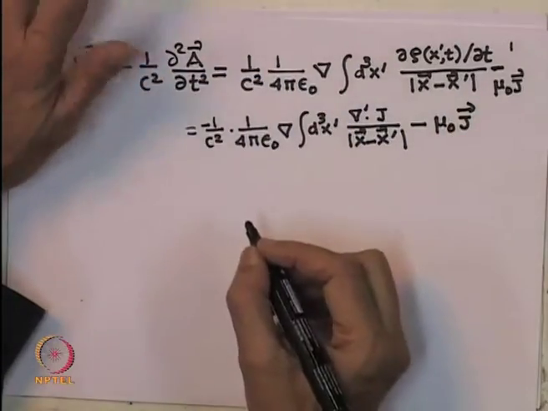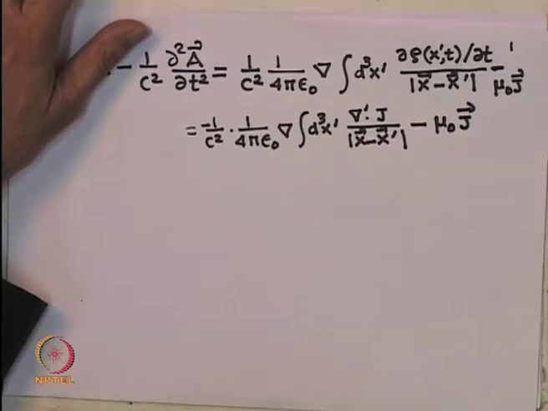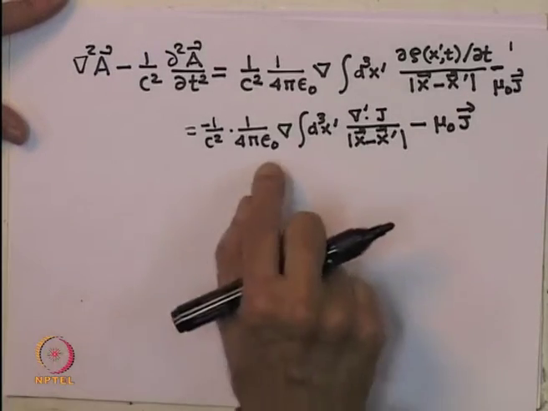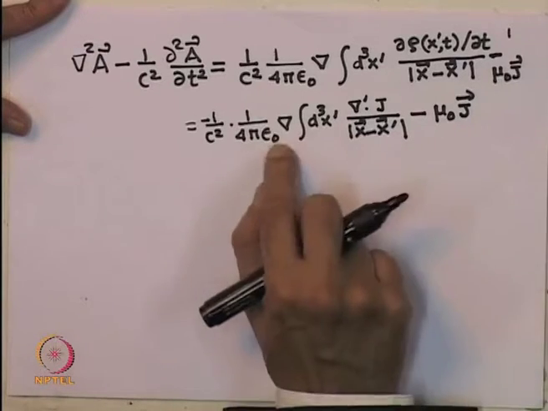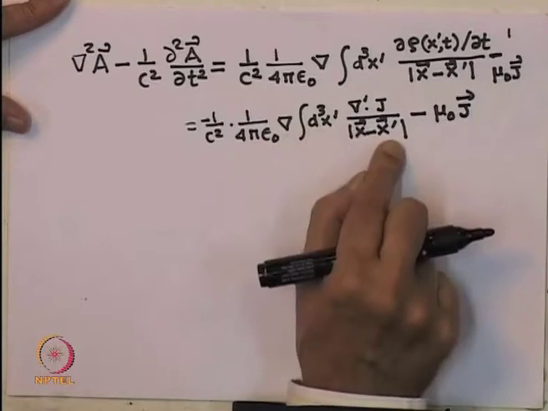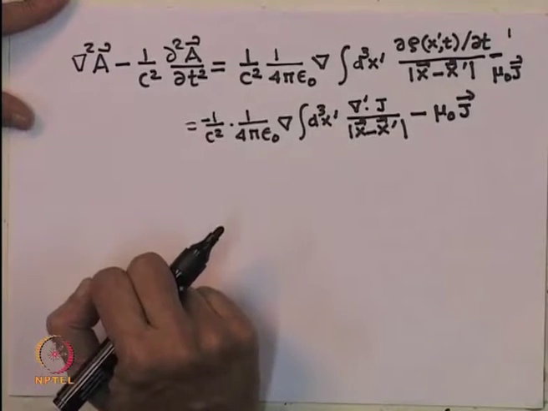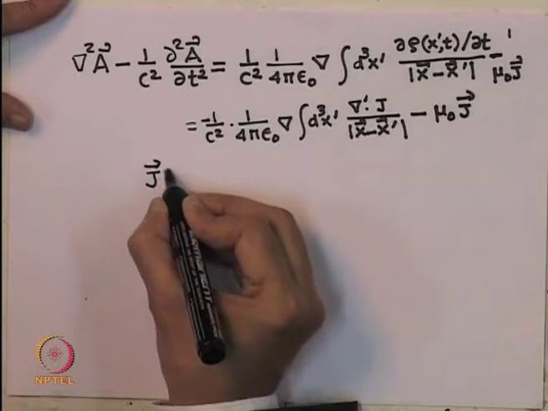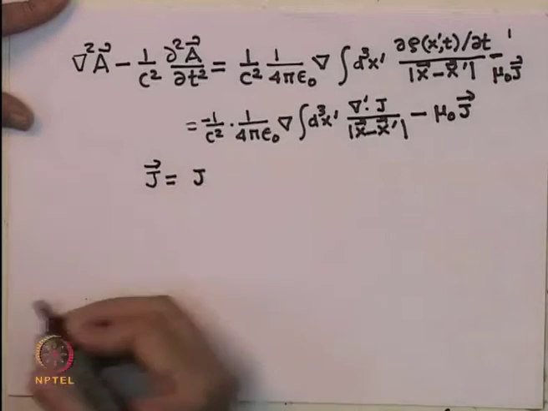So, therefore, what I need to do is this. So, this is what I have, and let me further simplify it. So, this is the term which we are interested in looking at, but before I proceed, let me make a few comments about a vector. Now, if I have an arbitrary vector j, current density vector, I can resolve it into two components.